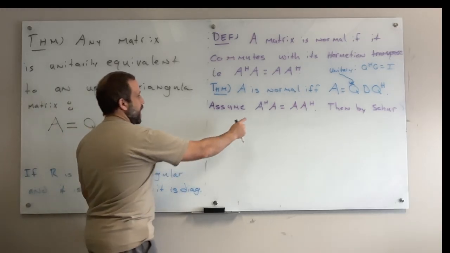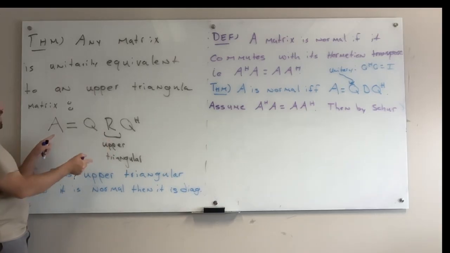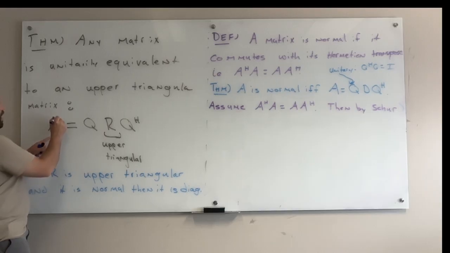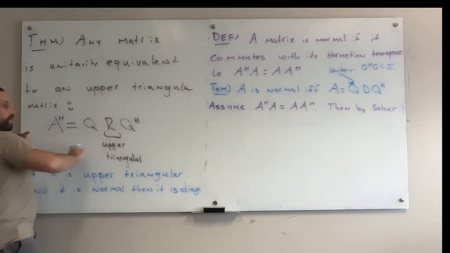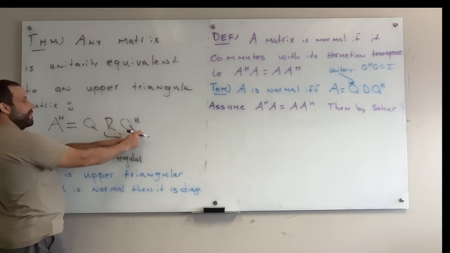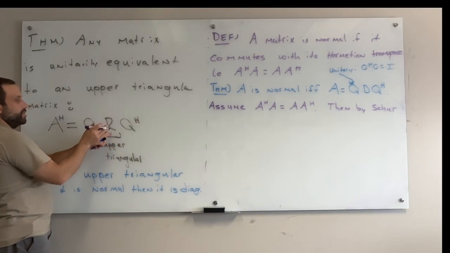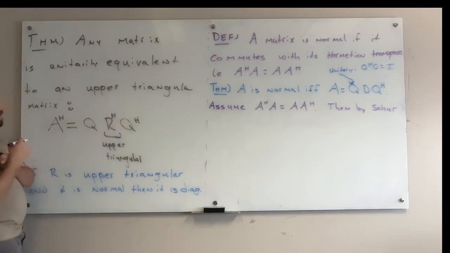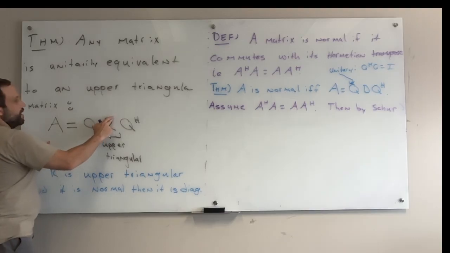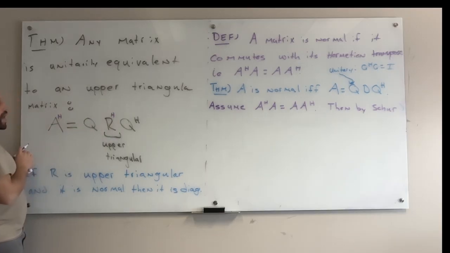So A^H A: if this is A, and I take the adjoint, writing from left to right, it's going to be the adjoint of Q, which is Q, times the adjoint of R, which is R^H, times the adjoint of Q, which is Q^H. So if this is equal to A, then this is equal to A^H.